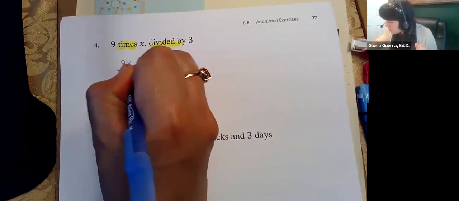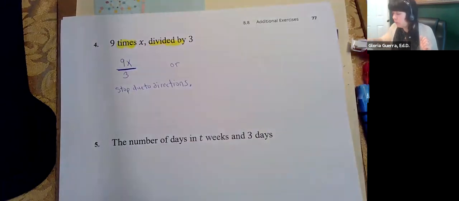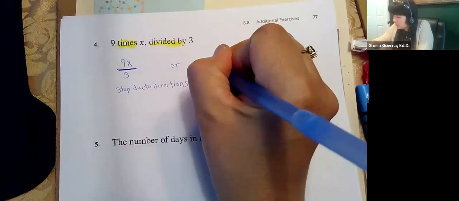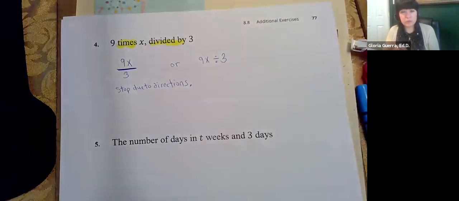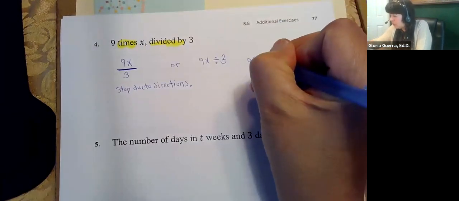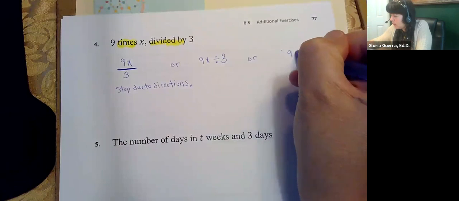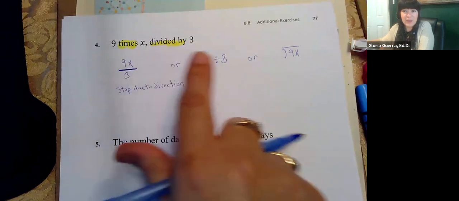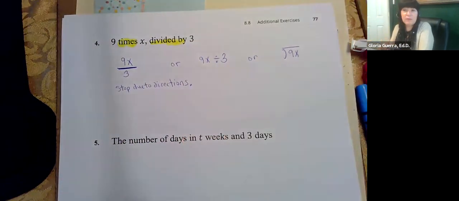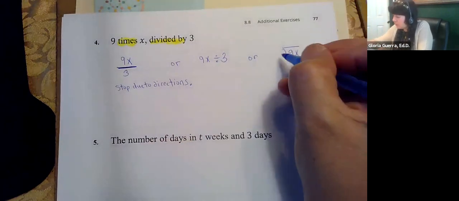Now, we use a fraction bar. That's the fraction bar for divided. If you wanted to use the line with the 2 dots, that would work too. You could do 9x divided by 3. It's sharp also, the line with the 2 dots. And then this one's less popular, but technically it's correct. 9x divided by 3, you know that the numerator goes inside the house when you're doing long division. So technically we have 9x inside the house divided by 3.